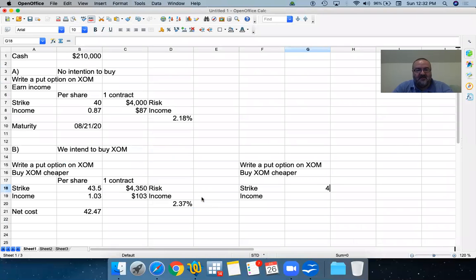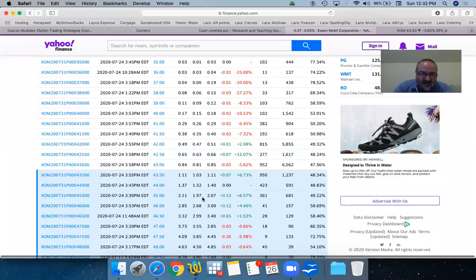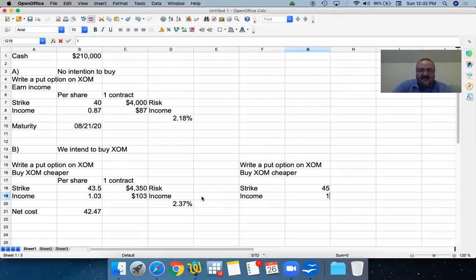So it's strike price of 45, and in this case, this is 197. Now, if you look at this, the net cost is 43.03, which means if Exxon goes up, great, but stays below 45, we end up buying it at 45.